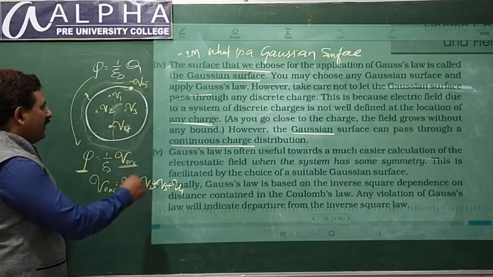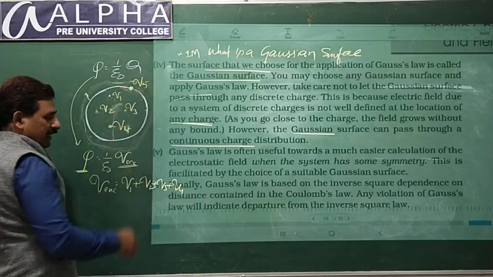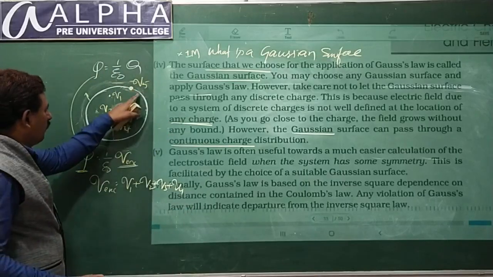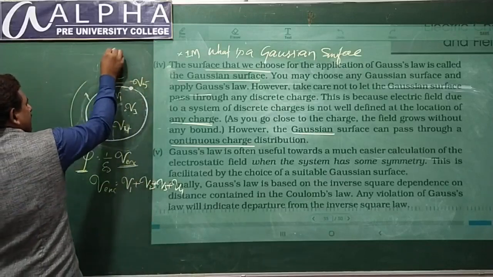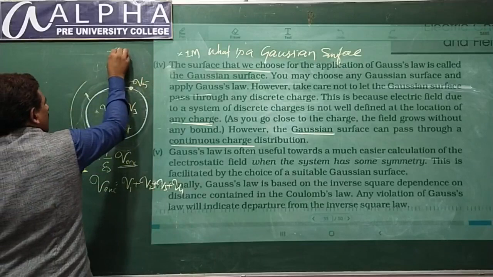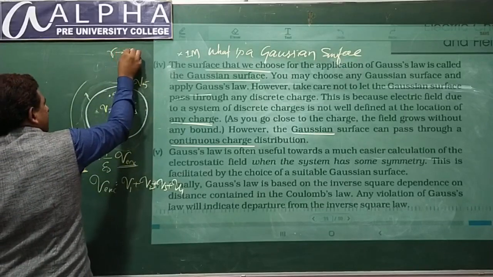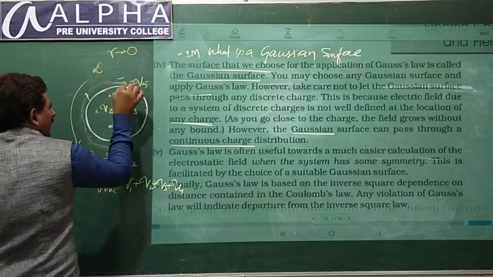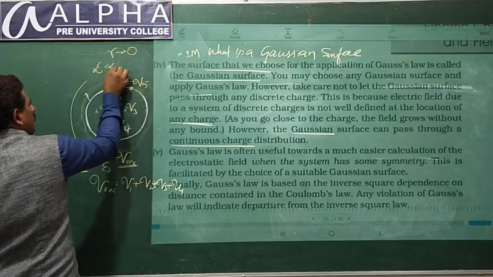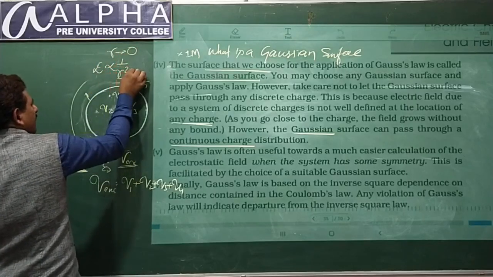Why? Because as you approach the charge, here to find the flux, what happens? As you approach the charge, means when you are very close to the charge, you are over the charge, implies distance becomes 0. You know, the electric field due to that charge is inversely proportional to the square of distance.